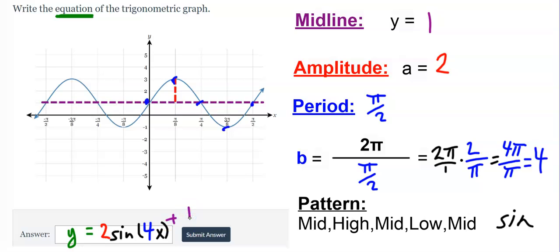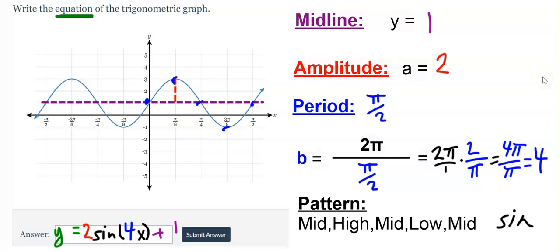So I ran out of space, but you should see that's pretty much our answer. Let me slide everything over. So y equals 2 sine, parentheses 4x, and then the plus 1. There we go. And that's our answer to this specific problem. And you just do that with all the other examples.